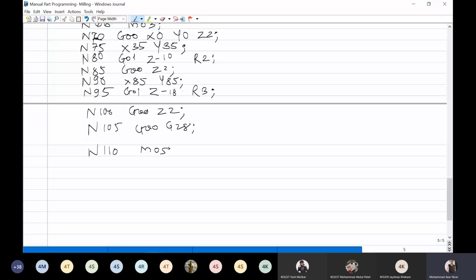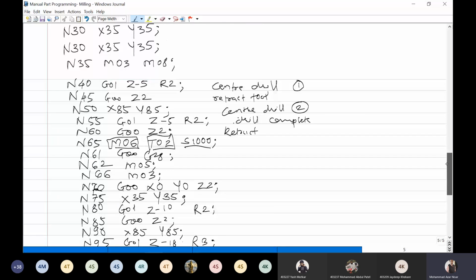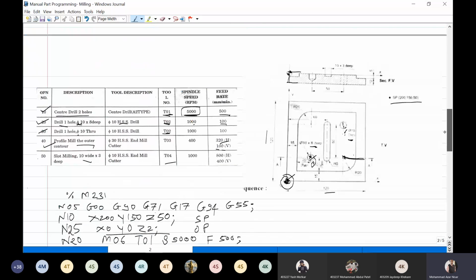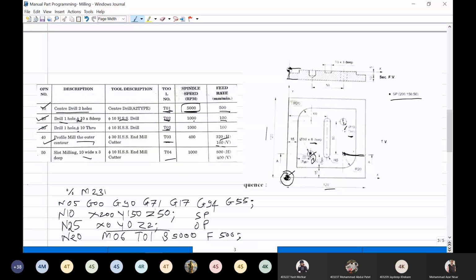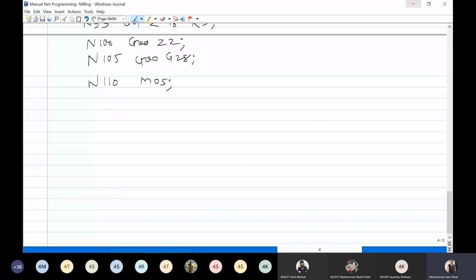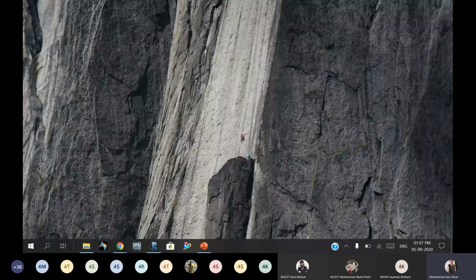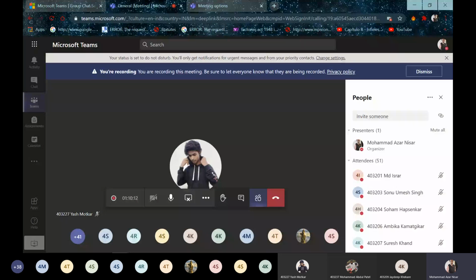Then you have to call the next tool, that is tool number 3 for profile milling in the next session. Thank you for listening. I will refresh from the start in the next session also.